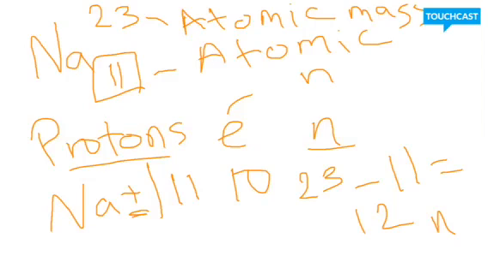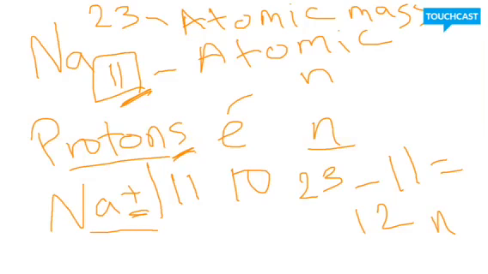Okay, so this is what you normally do when you come across any question like that. If they're asking for the number of protons, electrons, and neutrons, this is what you do. For the protons, you look at the atomic number, okay, and you put that same number. Then you look at the number of the electrons that you're supposed to have. If it was Na, it was supposed to be 11.